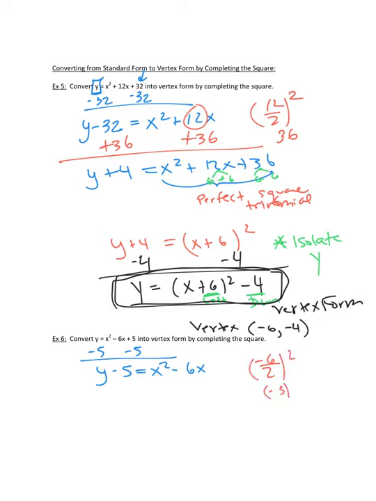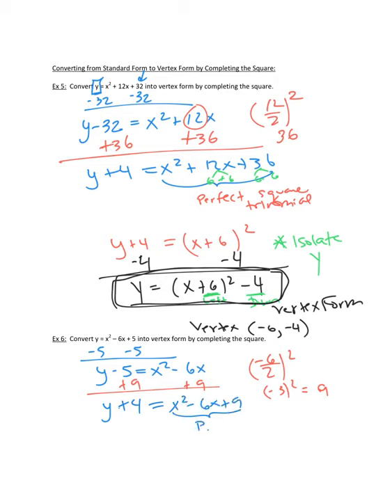So that's negative 3 squared, which is 9. So I'm going to be adding 9 to both sides. I now have y plus 4, because negative 5 plus 9 is positive 4, equals x squared minus 6x plus 9.